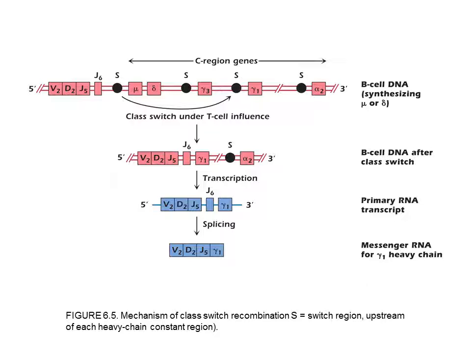So gamma 1 is a messenger RNA in this case because we are looking at the structure of, so that kind of a switch, that we initially were going for alpha, and then we ended up with a gamma 1 because of the switch, is the beginning of the concept of class switching.